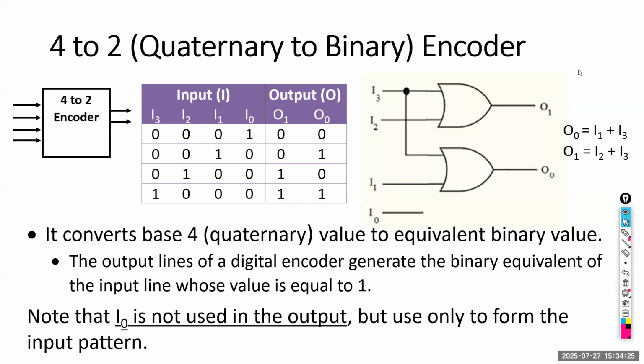Let's check it. Let's say 0, 0, 0, 1 on our input combination. I0 is 1. These are 0. Now what should be the output? 0, 0. Yes, 0, 0. Now let's take the second row.